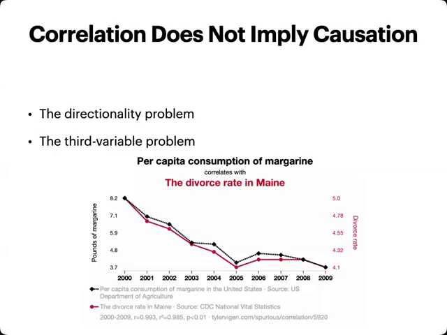Similarly, the link between exercise and happiness might be driven by a third factor, such as physical health, which causes both. Correlations caused by a third variable are called spurious correlations. The correlation between per capita consumption of margarine and the divorce rate in Maine is such an example.